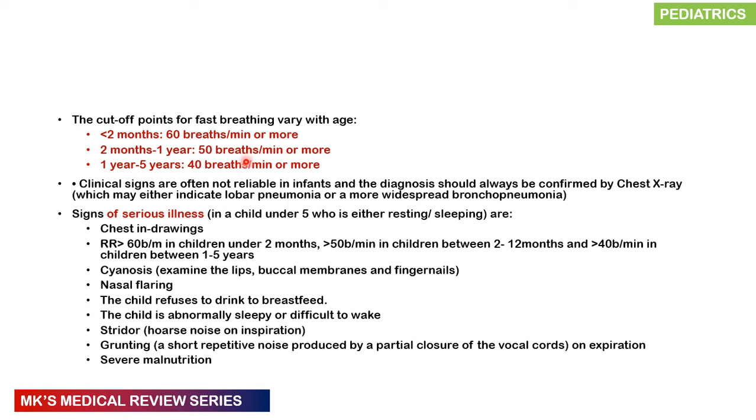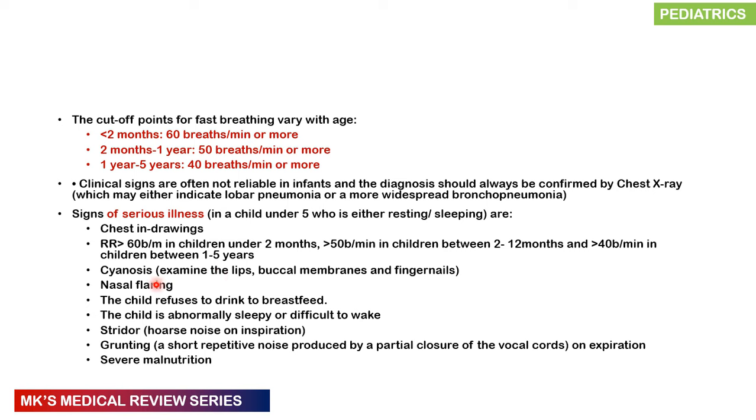In a child under the age of 5, if they are sleeping or resting and have any of these signs, this is an indicator of severity of disease. If they have chest indrawing, if they are tachypnic, I already gave you the cutoff points for those below 2 months, between 2 months and a year, and between 1 year and 5 years. If there's cyanosis, make sure you examine the lips, the buccal cavity, and the fingertips.